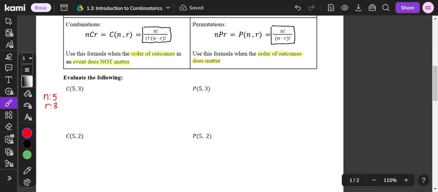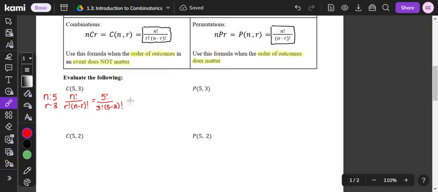And then I can use my formula. The formula in the box up here says n factorial divided by r factorial times n minus r factorial. Plugging in what I know, this is 5 factorial divided by 3 factorial times 5 minus 3 factorial.